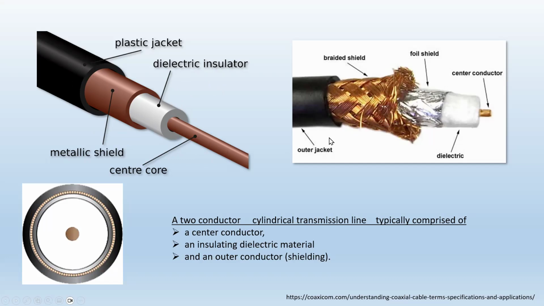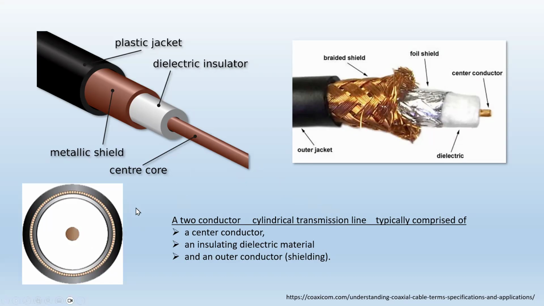It is called coaxial because the center core and the outer conductor share the same axis. This is the other view: if you're looking straight into it, that's what you would see here. Here will be the center core, dielectric, and the outer conductor or metallic shielding.